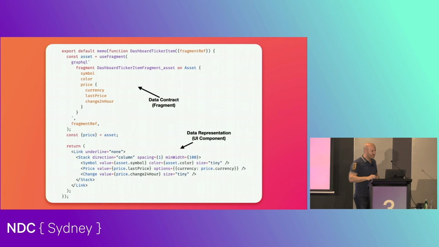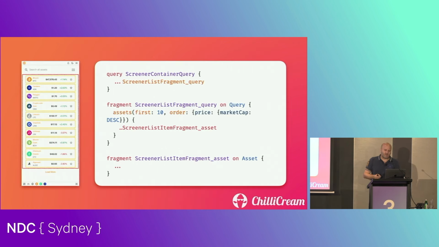The same thing works in Blazor if you're more into Blazor, but this is a React component which uses Relay. By building our application, by stacking our components together like little Lego blocks, we're accidentally building a GraphQL request, a GraphQL query.